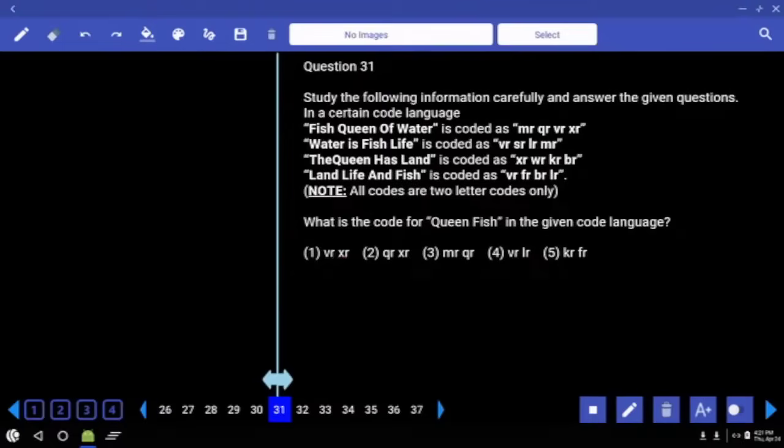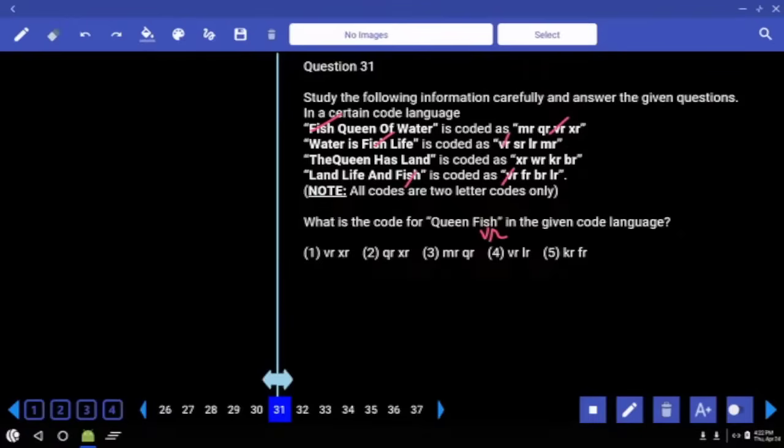the code given to the words queen fish. Now queen fish is here. Now fish is here, fish and water. Fish is common in 1, 3 and 4. Clear? 1, 3 and 4. What else is common between 1, 3 and 4? VR is common, and the code for fish is VR. And VR is fish, then queen.